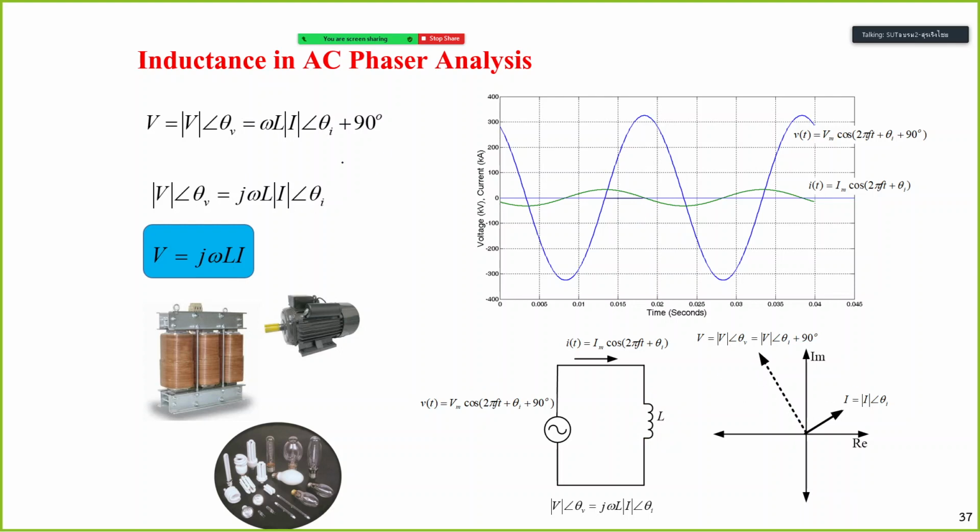If the voltage has the angle plus 90, the current will have just the angle here, okay. The value that makes the phase shift is here: j will shift the phase by 90 degrees.